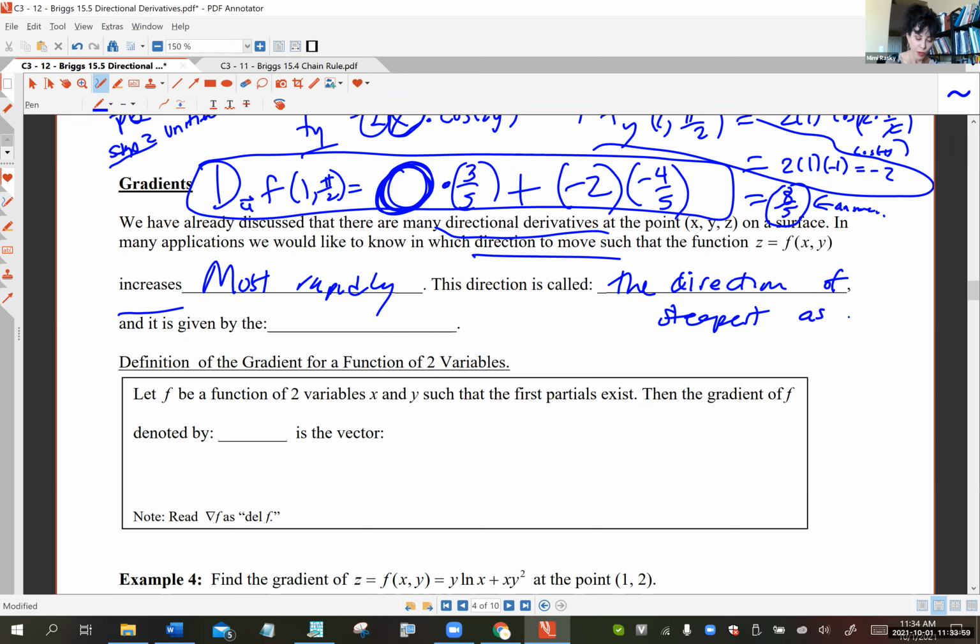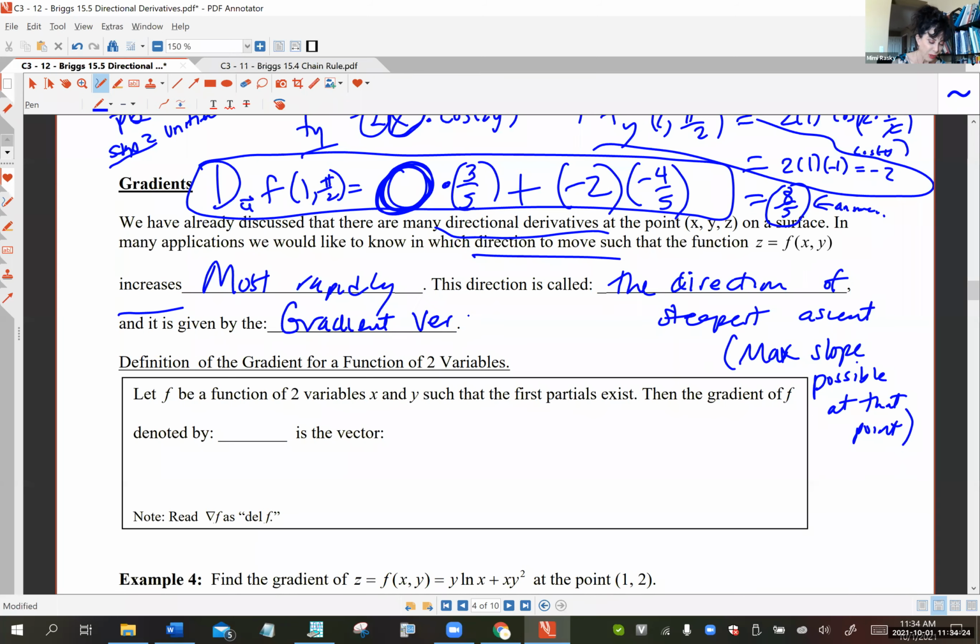Okay? So if you want to put in parentheses, your max slope possible at that point, that's basically what it is. I'm not kidding you. So how do you get that? You have infinity directions to go. Which way is going to give you that max slope of all? And that's given to you by the gradient vector.